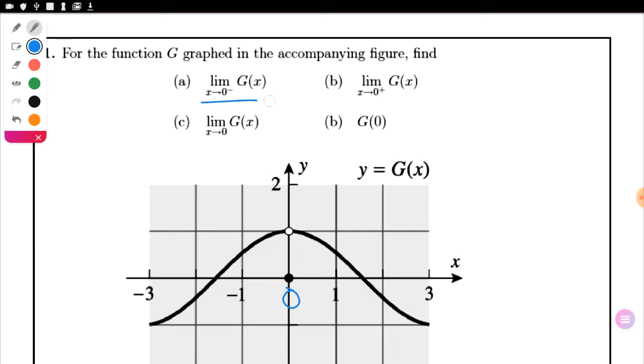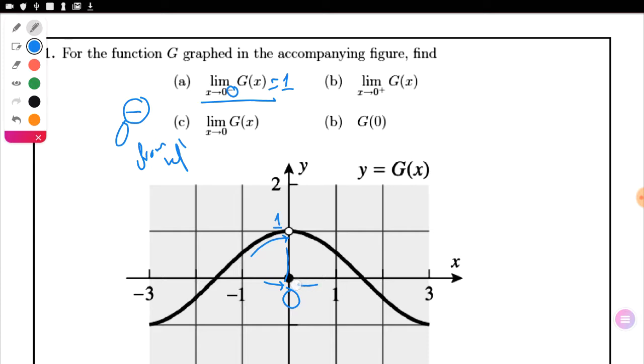Limit from left means, as I approach 0 from the left, I go with the curve until I reach above 0. Since the curve of the function is above 0, then take the value of y, which is here approximately 1.